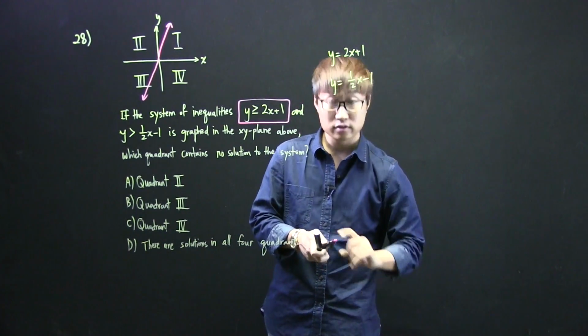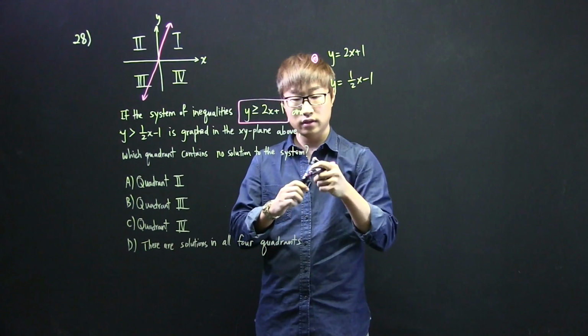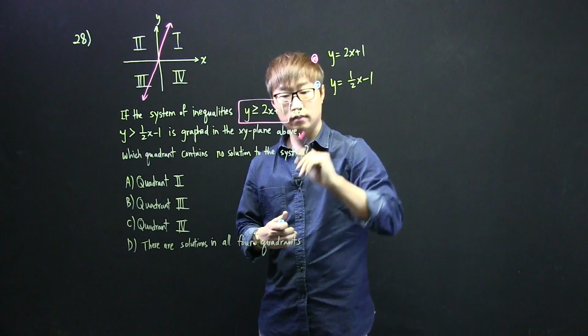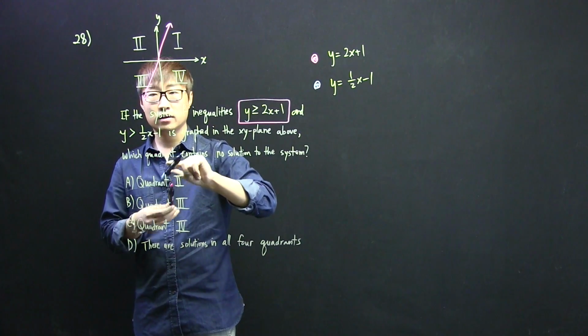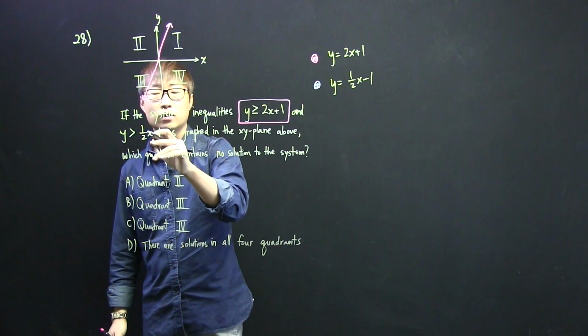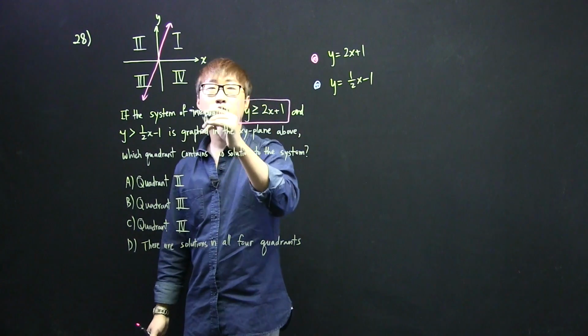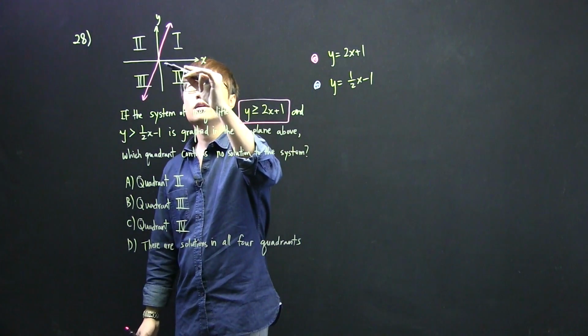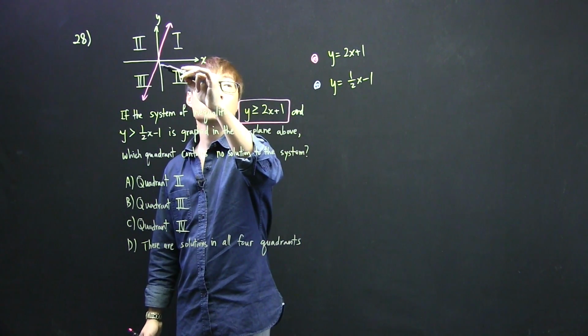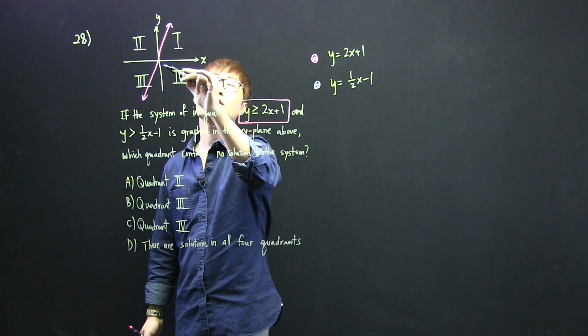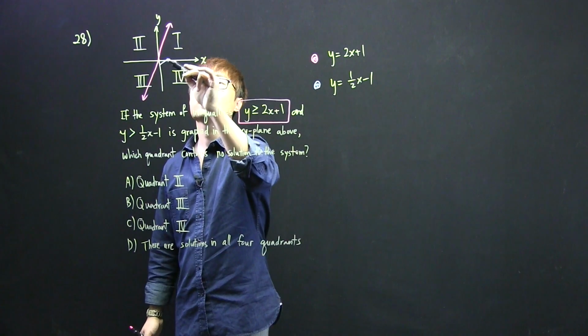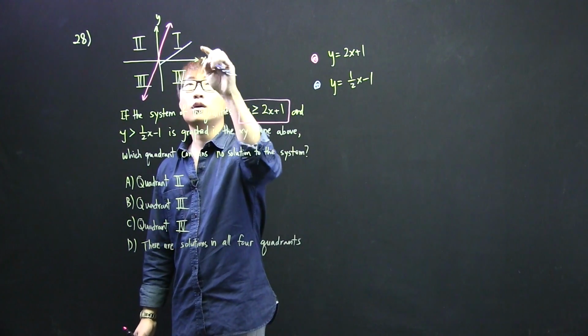Let me mark that for the sake of better viewing. So for that one, y is greater than 1/2 x minus 1. We start with minus 1 as the y-intercept, which is down here. And then the slope of 1/2 is pretty flat-ish. So something like that.